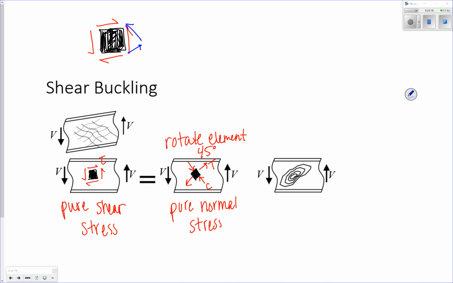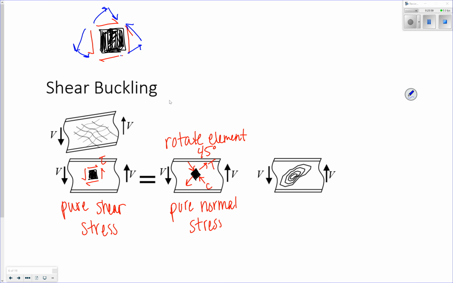Same thing with, let's see, which way? That way. And then, is that right? No, I don't like this one.